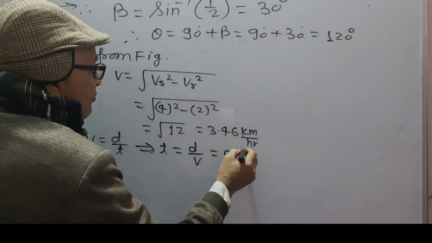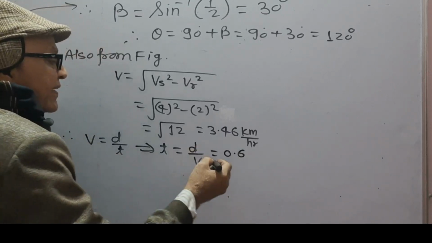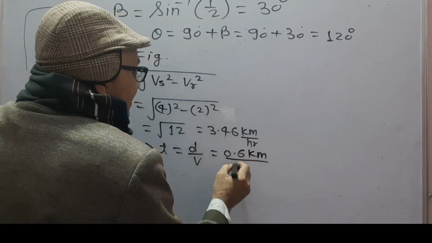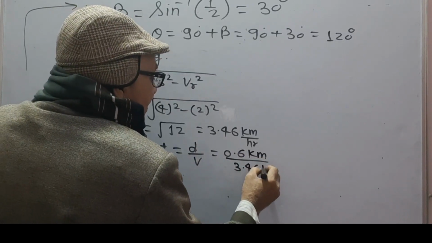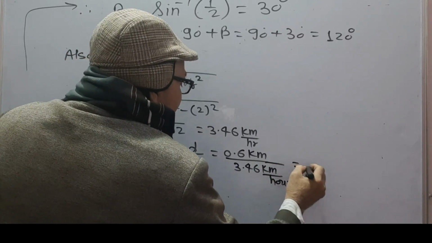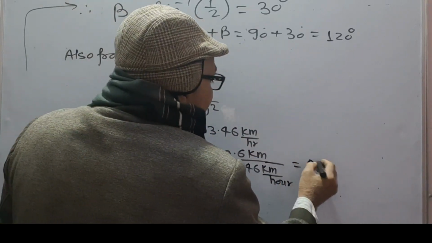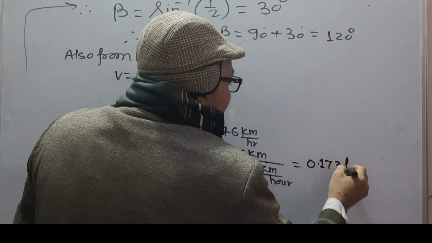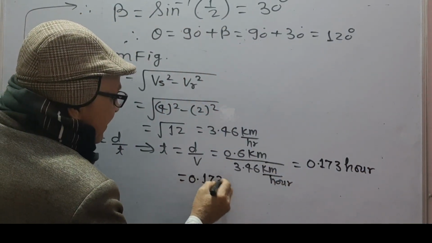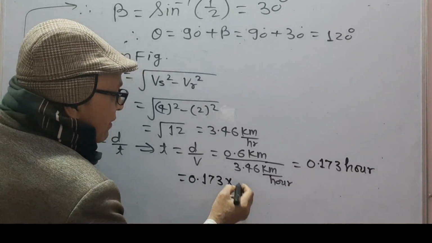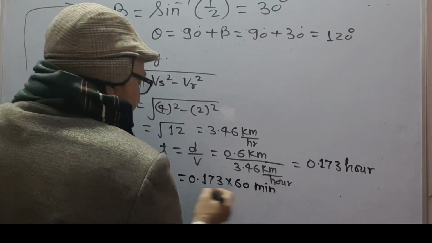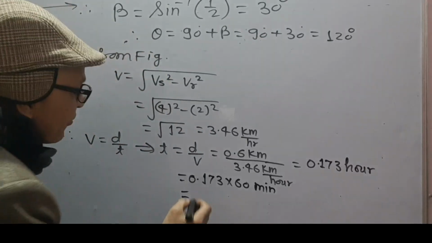D is 600, which is 0.6 kilometer, upon v is 3.46 kilometer per hour, which gives 0.173 hour, which is 0.173 into 60 minutes, because 1 hour has 60 minutes, which gives 10.4 minutes.